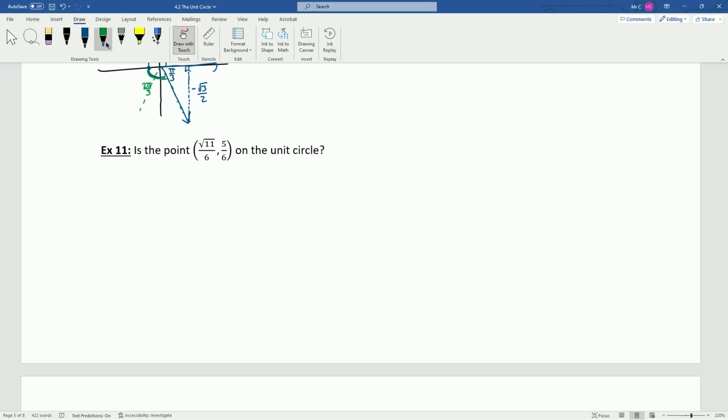Well, remember, the unit circle is the circle with equation x squared plus y squared equals 1. So if I want to check if this point is on the unit circle, all I have to do is plug it in to x squared plus y squared and see if we get 1. So let's check it. We get the square root of 11 over 6 squared plus 5/6 squared.